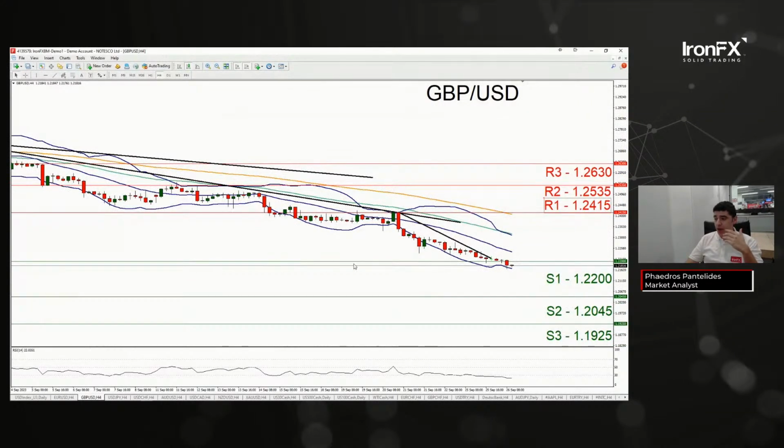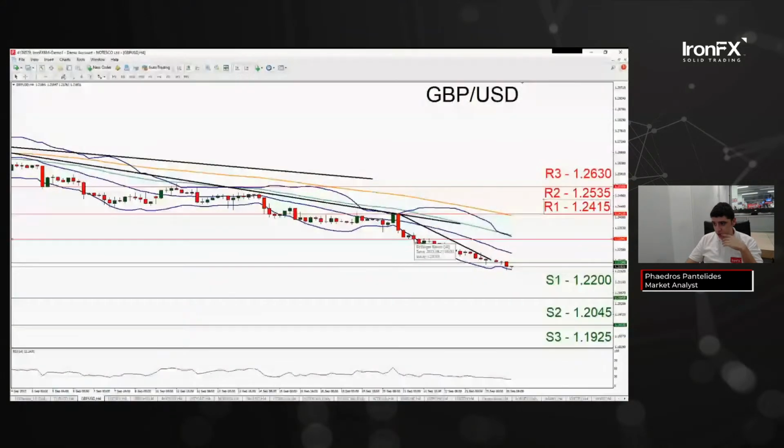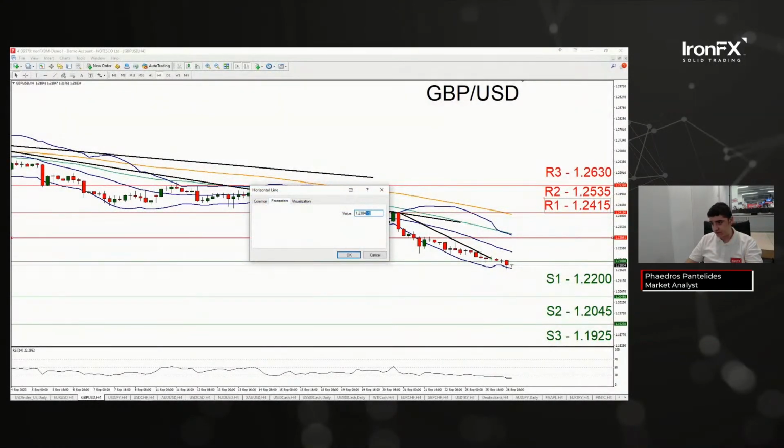So maintaining a bearish outlook for the pair, perhaps we could slightly readjust. We could readjust R1, bring it slightly lower, intersecting between the two bearish candles, the closing and opening figure of both, respectively. 1.2305.